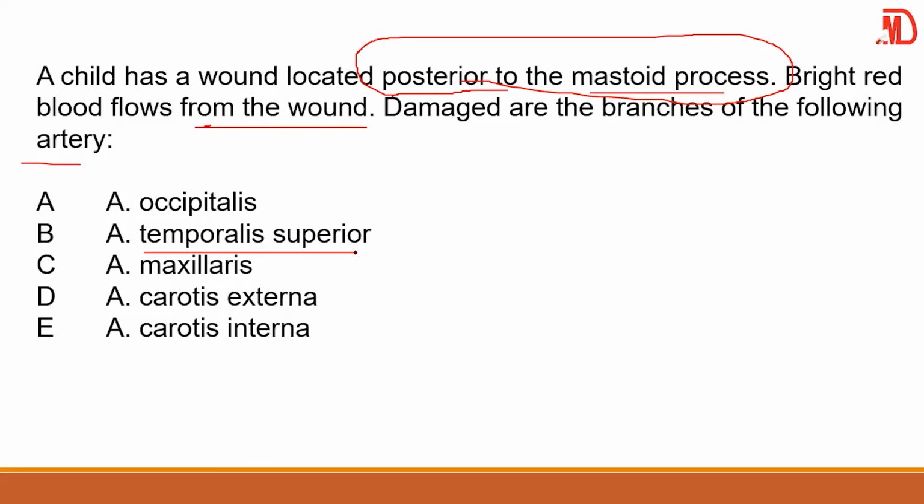But the exact one is the auricular branch, that is, ear or around the ear. Please get the pronunciation right: auricular. Auricular branch of the occipital artery. That is what we are looking at.